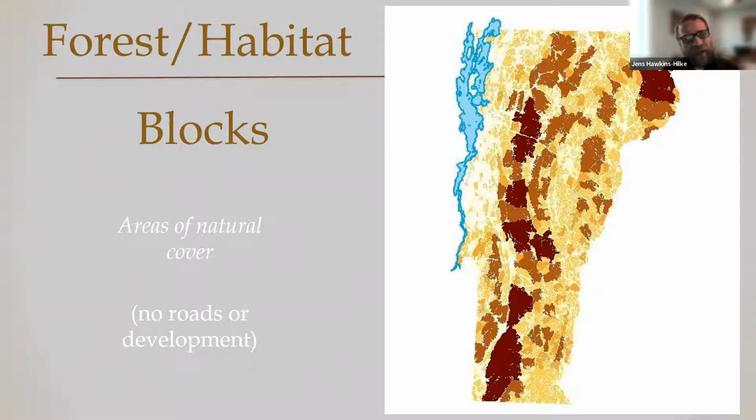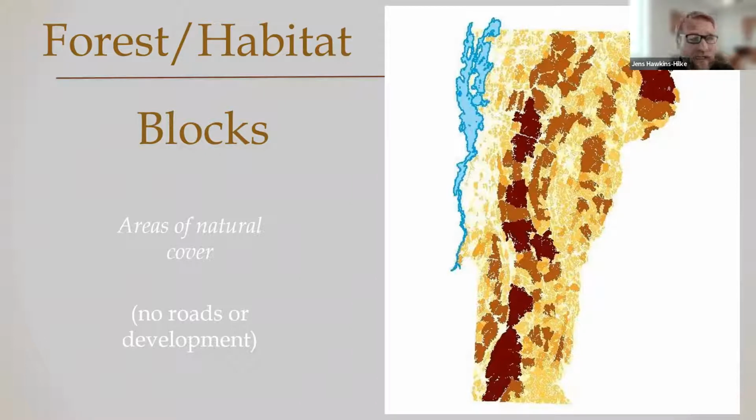And so I'm not talking about the ownership of the forest, the parcels. I'm just talking about land cover. And strictly speaking, there are a variety of habitat types in there and not just forested habitat types. So I'm talking about all the trees of a forest, but also forested wetlands and other habitat types that are related to forests. And so these, we map them as areas of natural cover surrounded by roads, development, and agriculture.